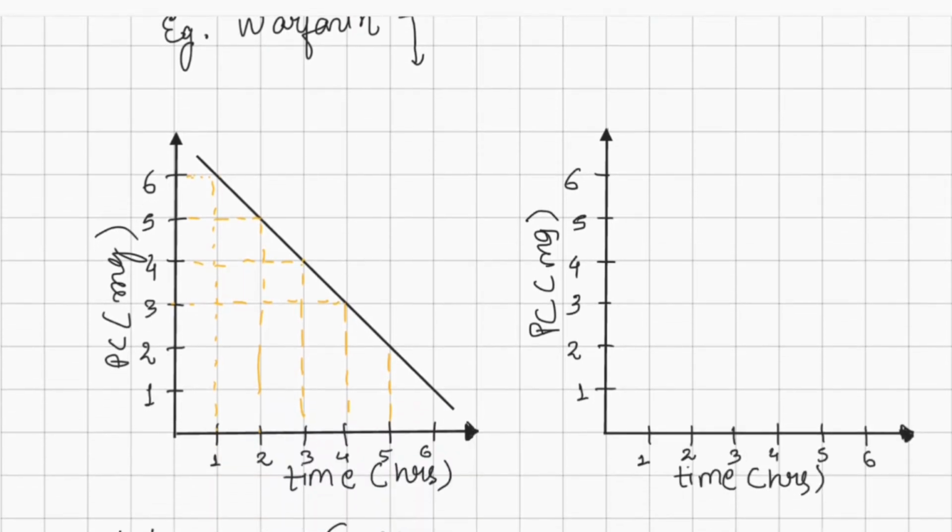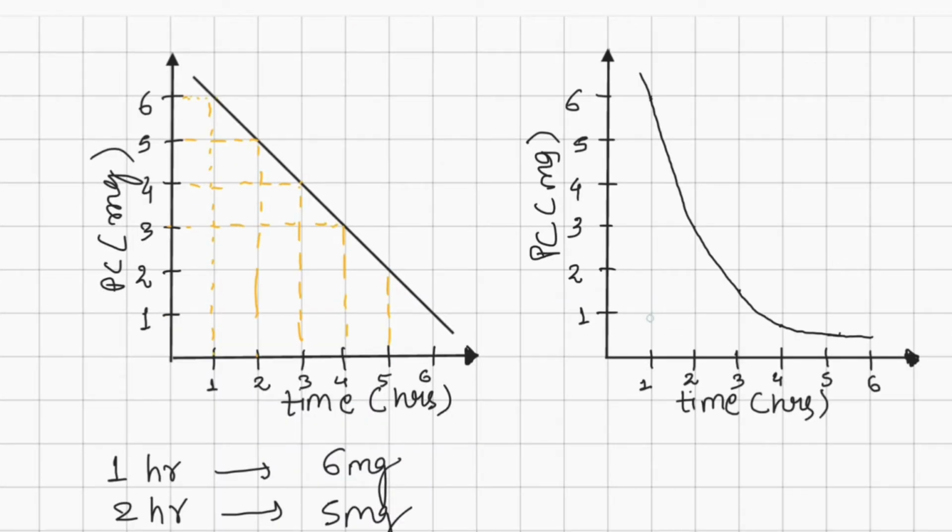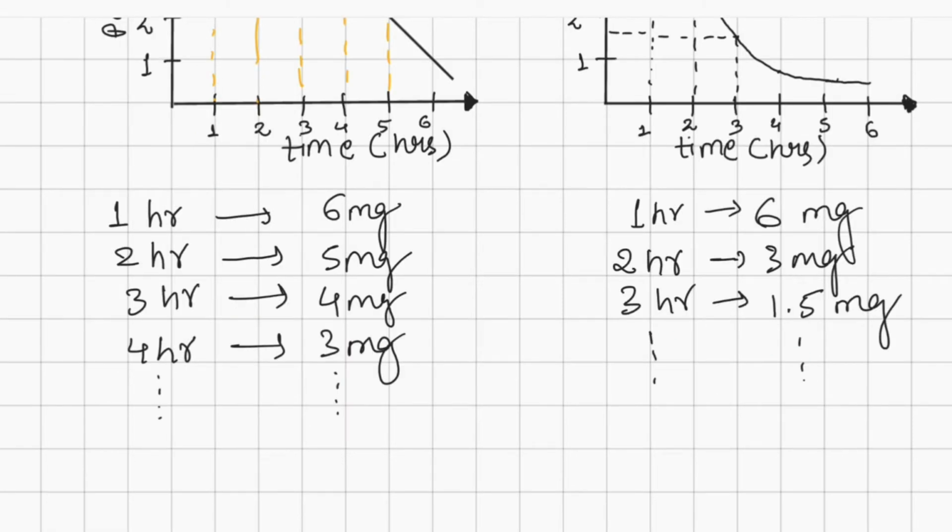Now, let's look at the graph of the first order kinetics. Similar to zero order kinetics, in the first hour, 6 milligrams of the drug is present in the plasma. In the second hour, 3 milligrams of the drug is present. In the third hour, 1.5 milligrams of the drug is present in the plasma. In the fourth hour, it becomes 0.75, and so on.